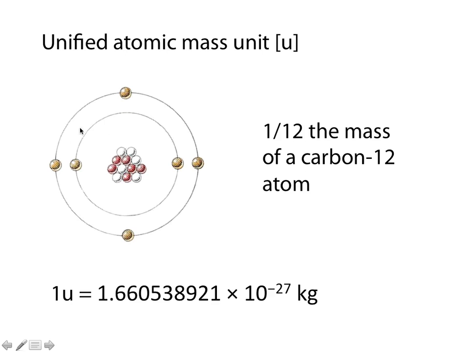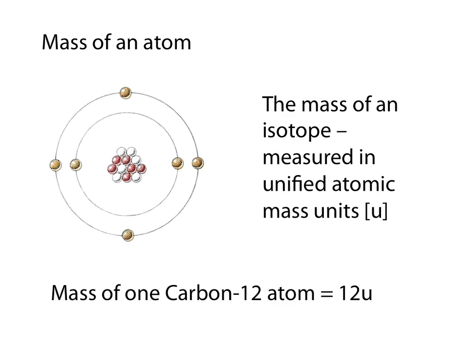A carbon-12 atom has 12 nucleons. Divide the mass of that by 12, the electrons have a very small mass indeed, and you will get 1 u. So one unified atomic mass unit is equivalent to 1.66053891 times 10 to the minus 27 kilograms. So it's just a unit of mass with that number of kilograms.